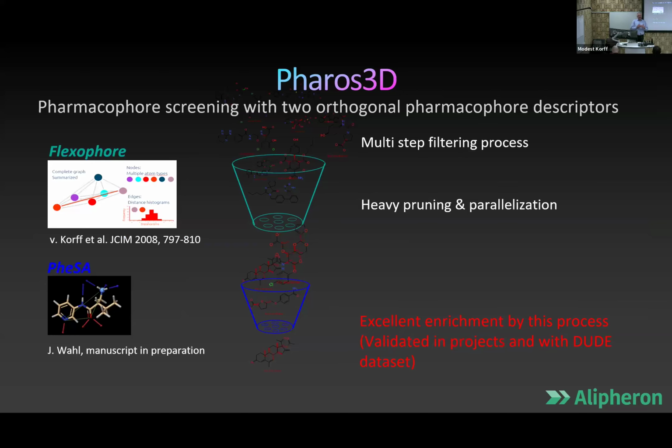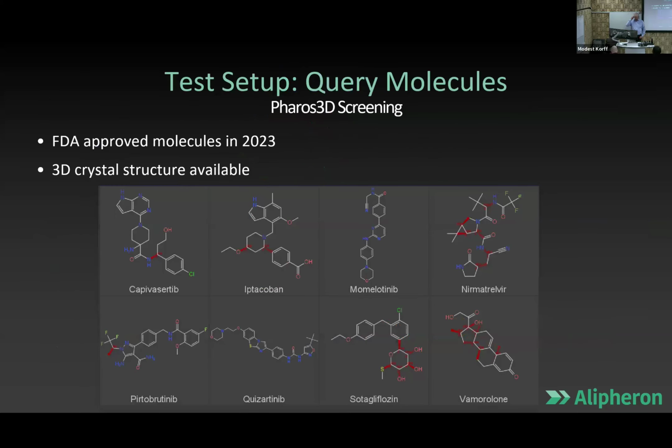This means they have synergistic effects because they are using different algorithms. The result is an excellent enrichment by this process, which we were able to validate in projects and with the data set. The manuscript for the feather descriptor is in preparation. The Flexifor was already published in 2008.